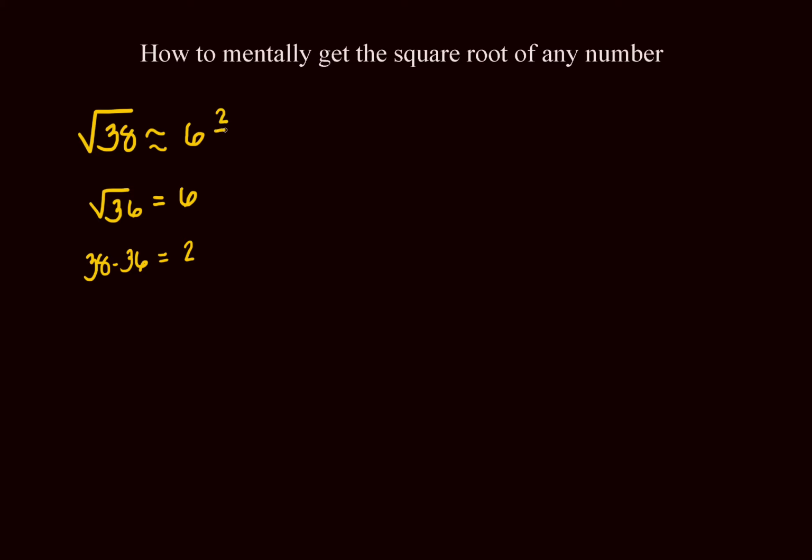We are now going to get its denominator. So how do we do that? We're just going to take a look at our 6, okay, and then double its value. So, multiply it by 2. So if we multiply 6 by 2, that would just give us an answer of 12. So therefore, the approximation of the square root of 38 will just be 6 and 2 over 12.